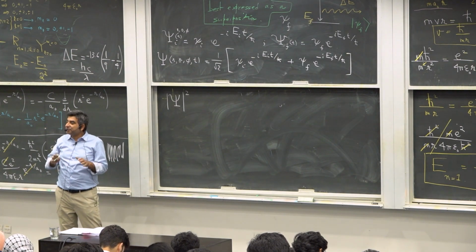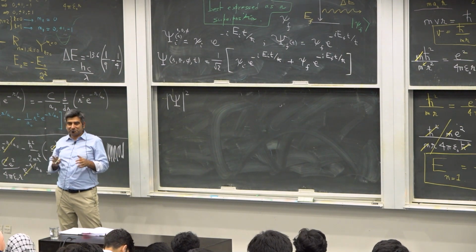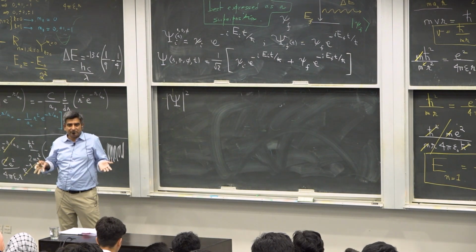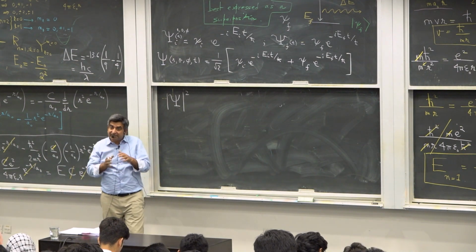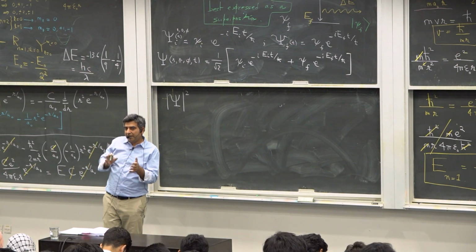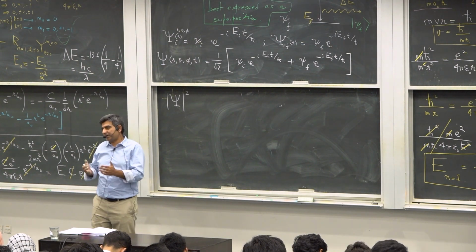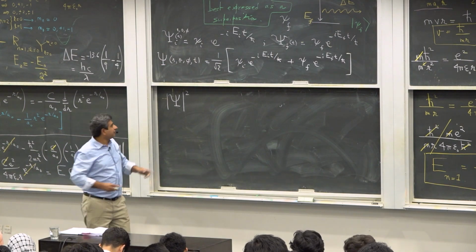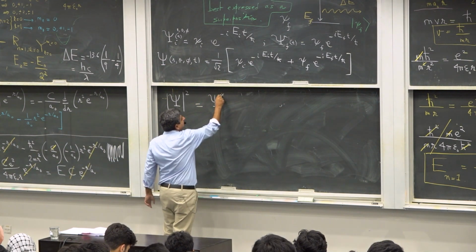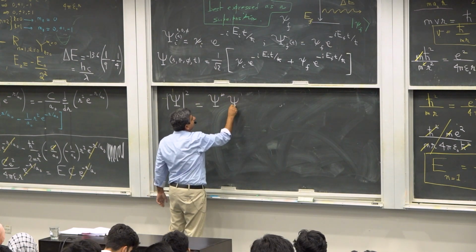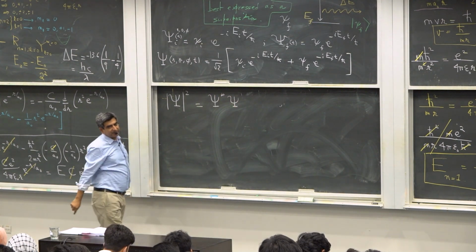And this really tells me the charge density as well, because the electron is charged. So this is also the charge density, and I want to see if this is time dependent or not. And if it is time dependent, what is the time dependence? So how do I find the modulus square? I take the wave function, complex conjugate, and multiply it with the wave function itself.